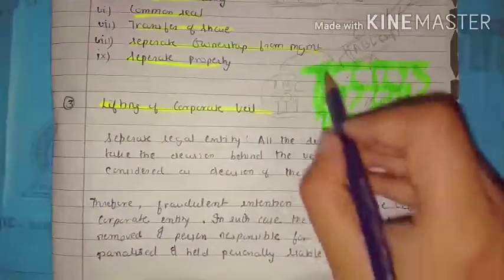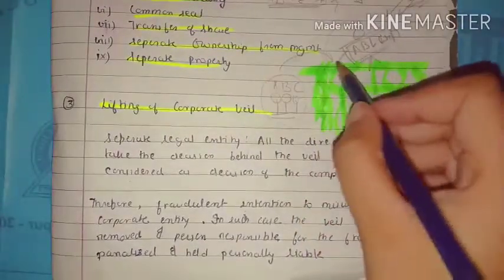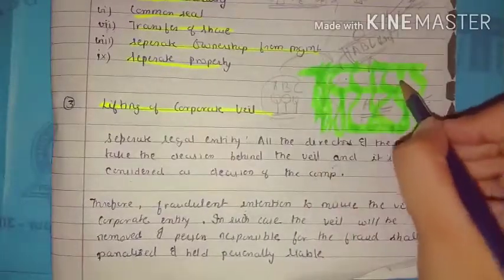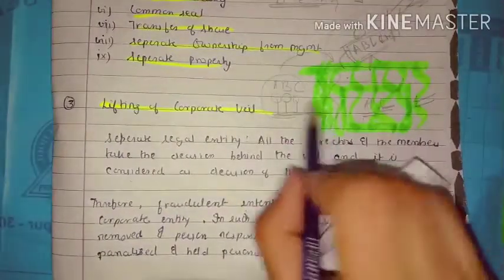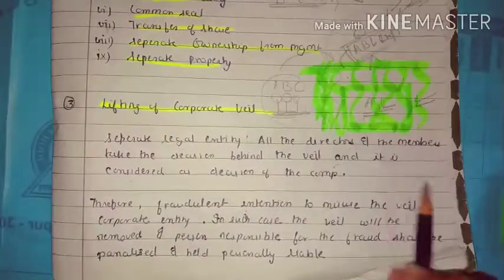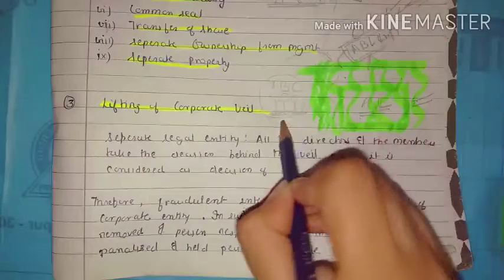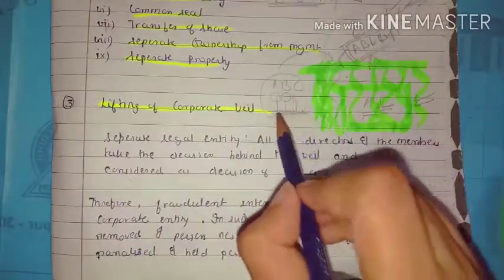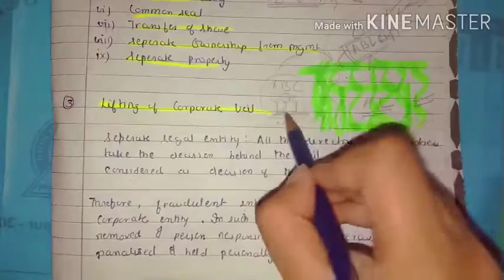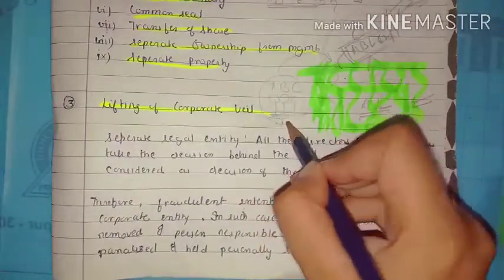But in this case the corporate veil gets lifted by the court, and they see the real persons behind it, and they get punished because they are the actual persons doing these affairs, who are the managers of the company, who direct the company and do all the work for the company.